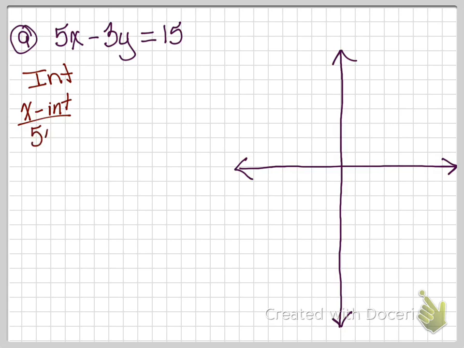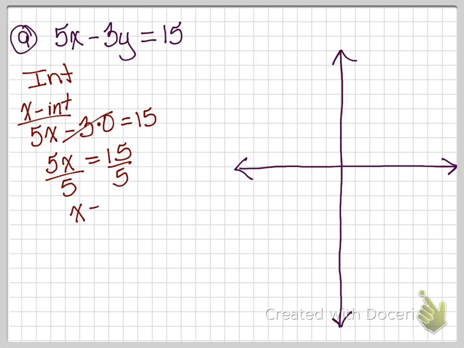So I'm going to have 5x minus 3 times 0 equals 15. Okay, -3 times 0 cancels out. 5x equals 15. Divide both sides by 5. And I have x equals 3. That means my x-intercept is 3, 0. I'm going to cross the x-axis right there.